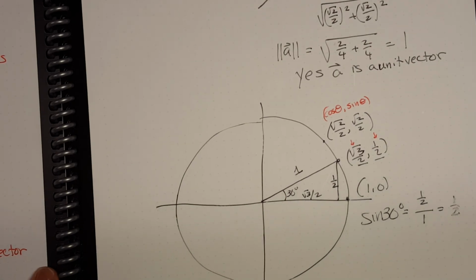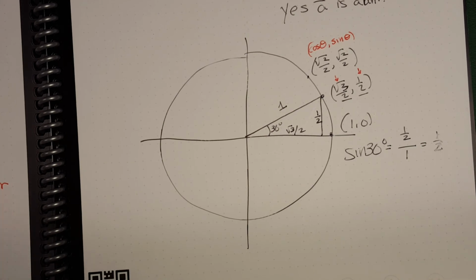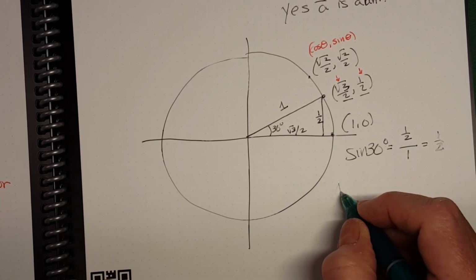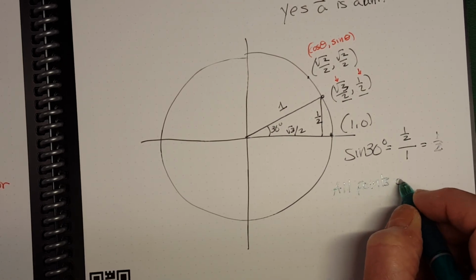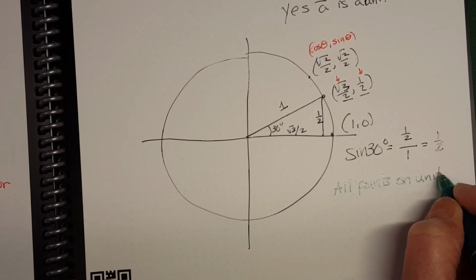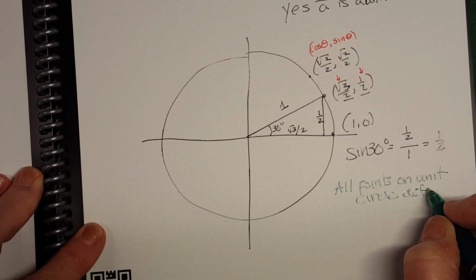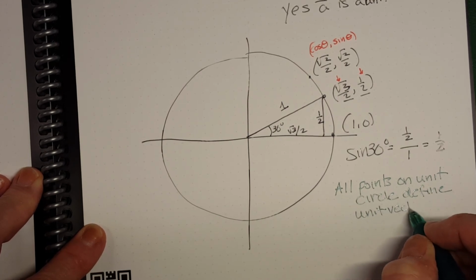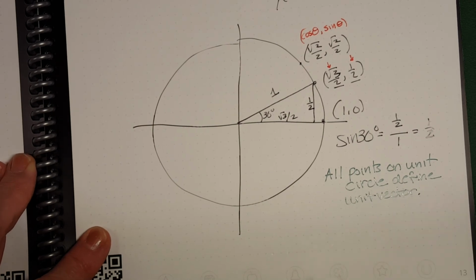And so if we start to talk about unit vectors and their relationship with the unit circle, what we find is that all of the points on the unit circle define unit vectors. So every xy combination defines a unit vector.